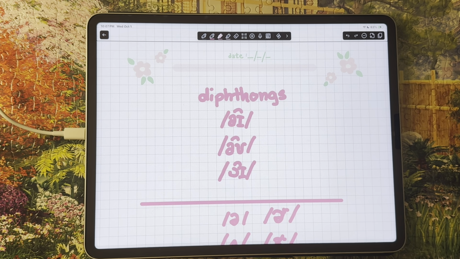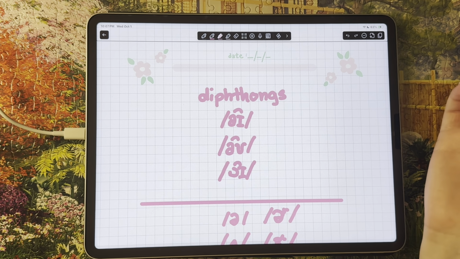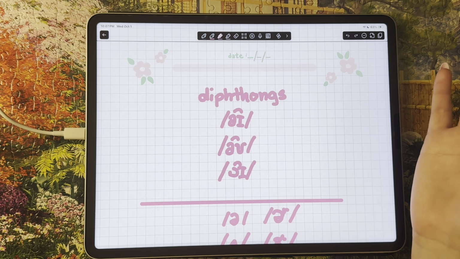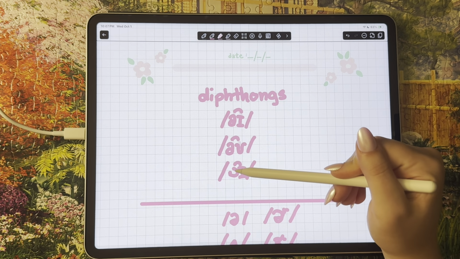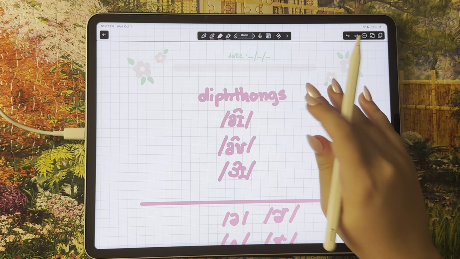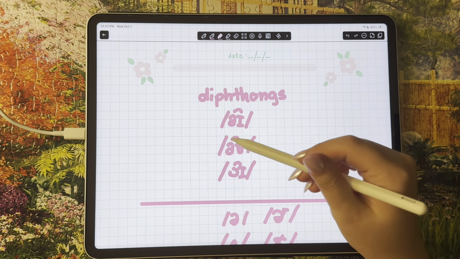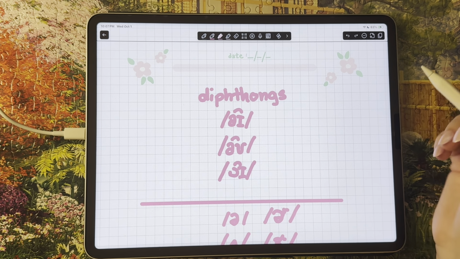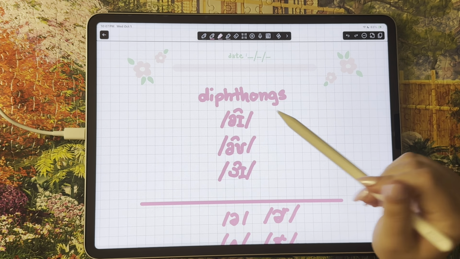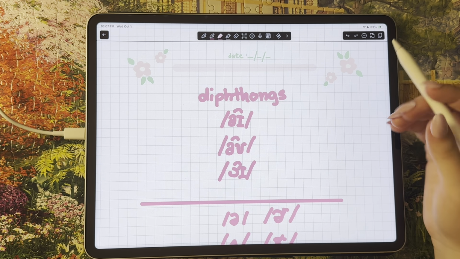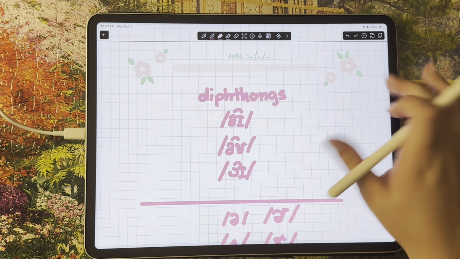Also, all of these diphthongs have this little umbrella over them that's just showing that they're diphthongs and not independent vowels. If you wrote them without this, they would look more separate and not actually connected.